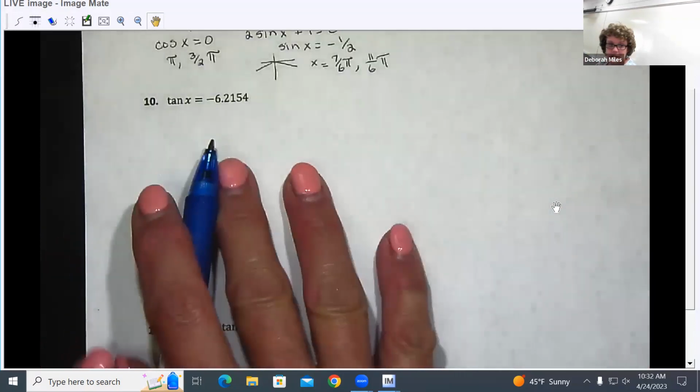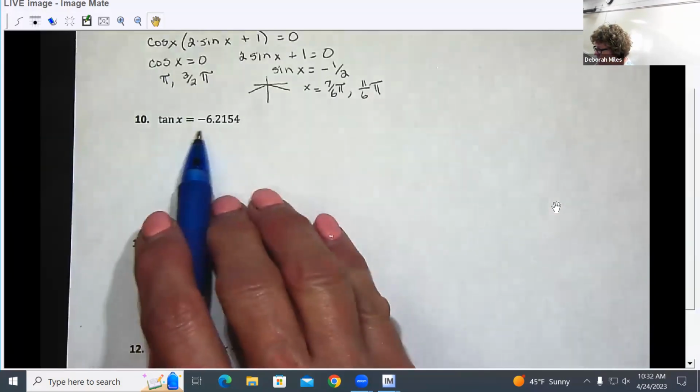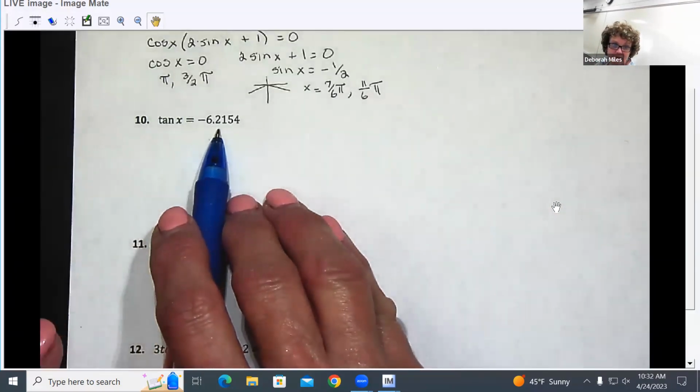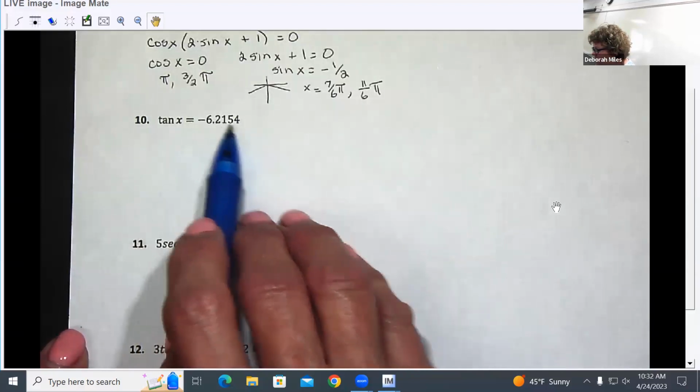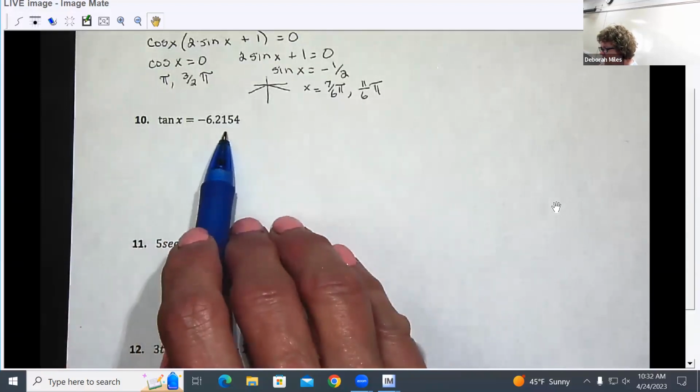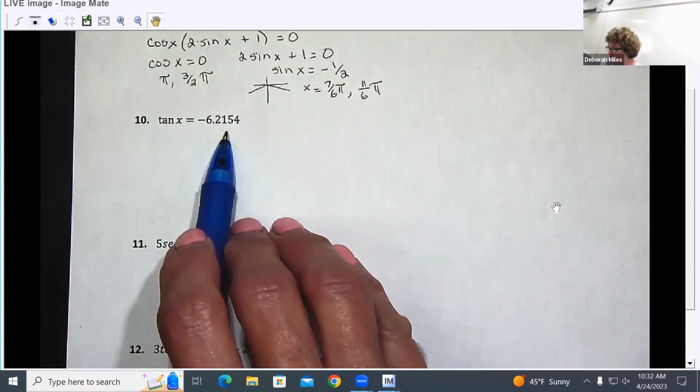Right. Number 10, tangent x is -6.2154. That's certainly not a value that I can get from dividing any y coordinate by x coordinate that I have memorized on the unit circle.